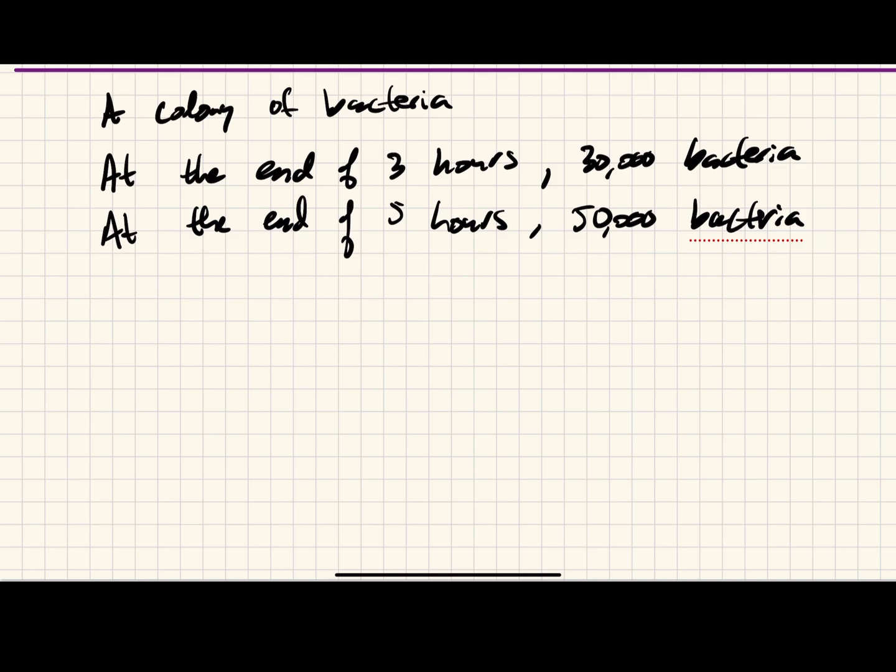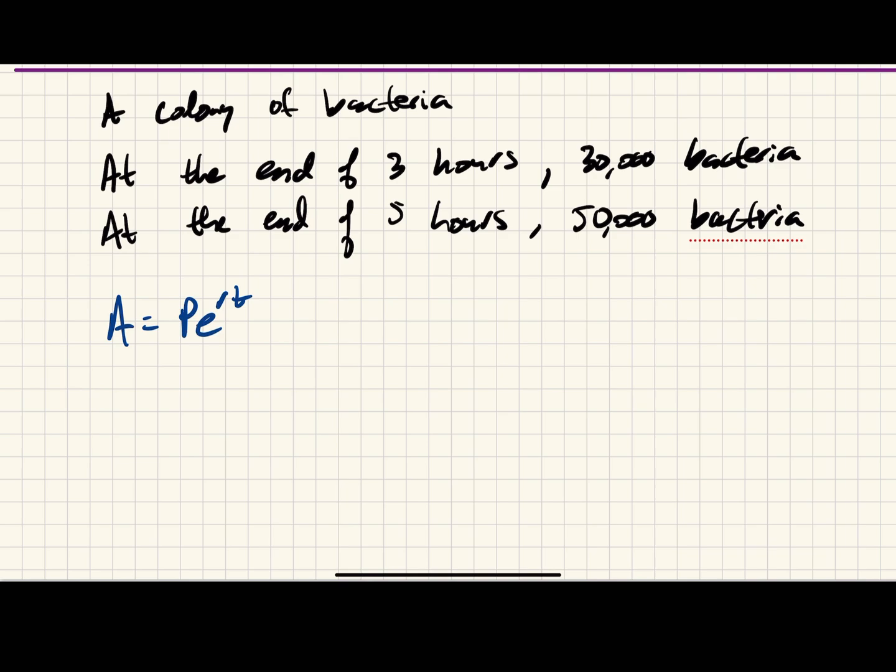Now, I can think of a couple of ways we could solve this. But what I do know, no matter what we do, we're involving this A equals P times e raised to the rt, right? No matter what we do. So, what do we know and what can we plug in there?